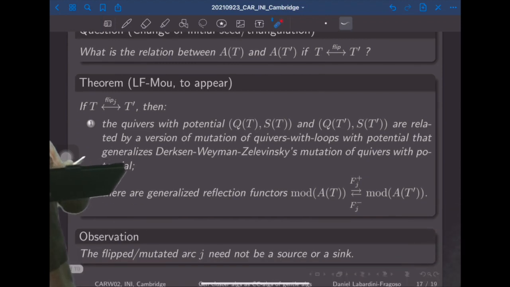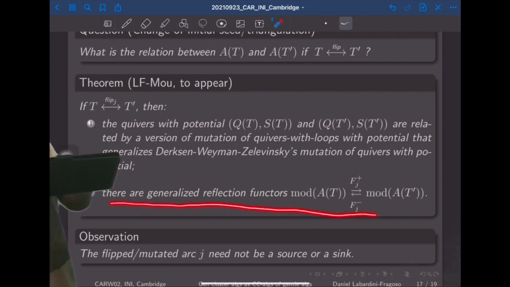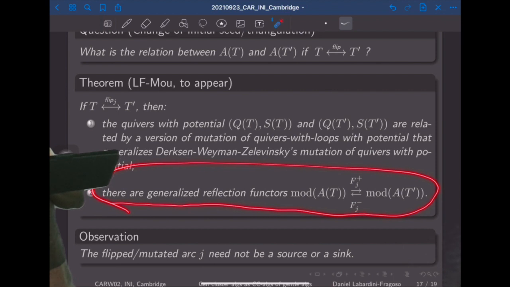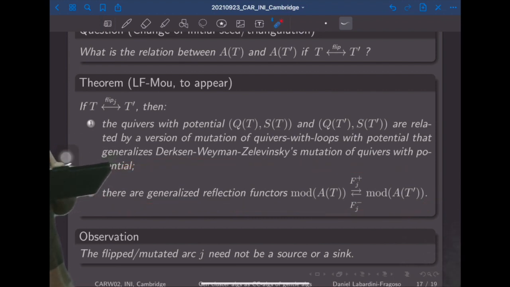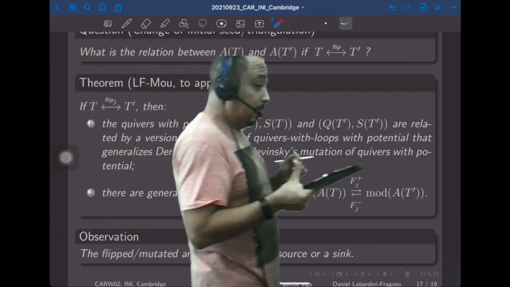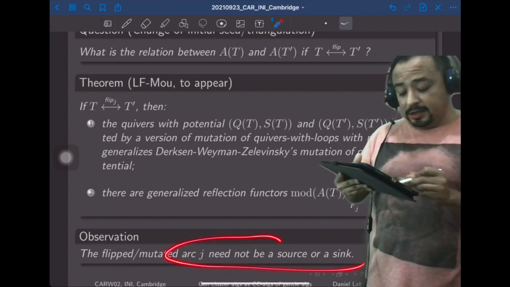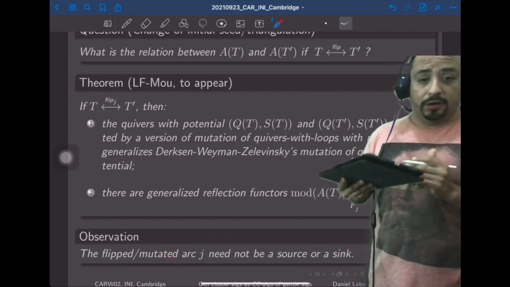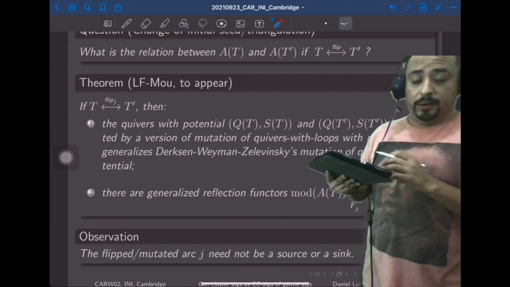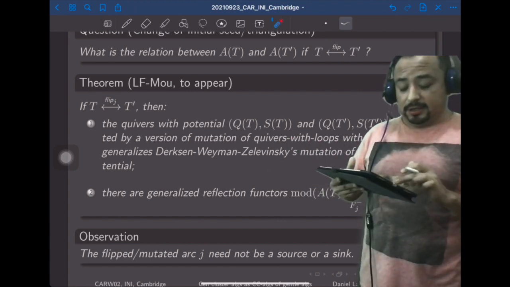But at least this allows us to have generalized reflection functors, and to mutate at vertices that are not necessarily sinks or sources. So in a way, at least in this setting, we are able to mutate at some vertices that Geiss-Leclerc-Schröer, in their much wider setting, cannot mutate.